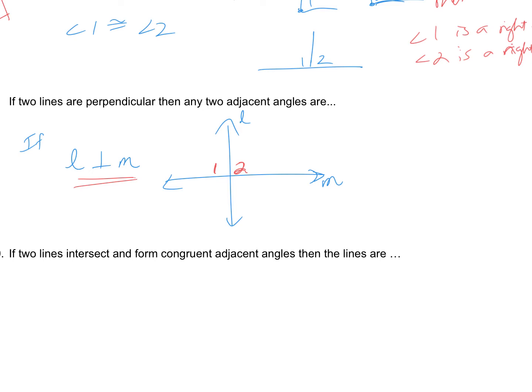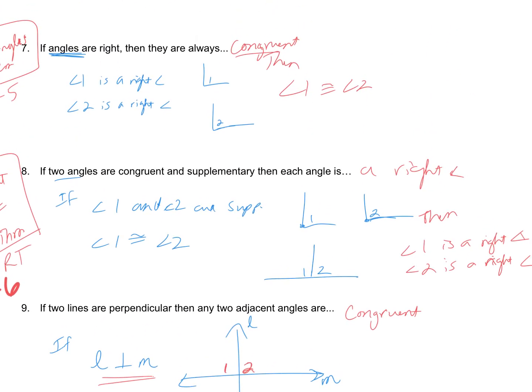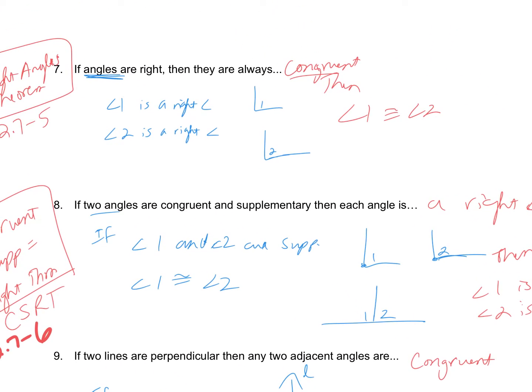And yes, I heard you also. I heard somebody say that they are congruent to each other. Two adjacent angles are congruent. And I think that's going to be a really good conclusion for us. I know that came up when we were doing this one, number 7. We had a couple ideas here as well.